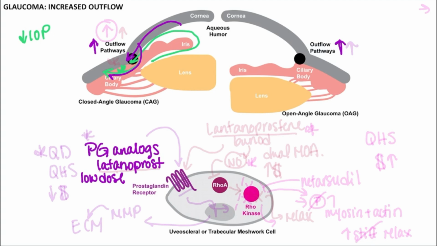So specifically, latanoprost is a prostaglandin F2 alpha analog that will bind to the prostaglandin F receptor.